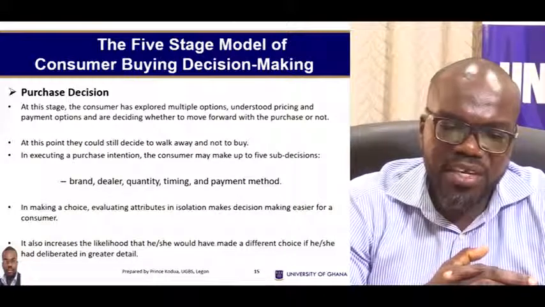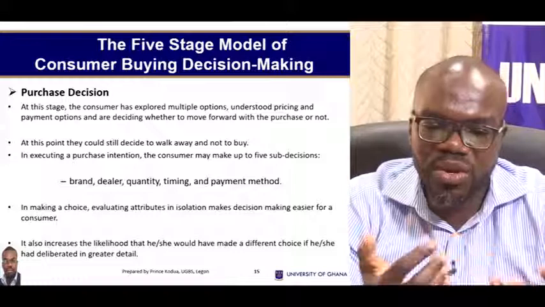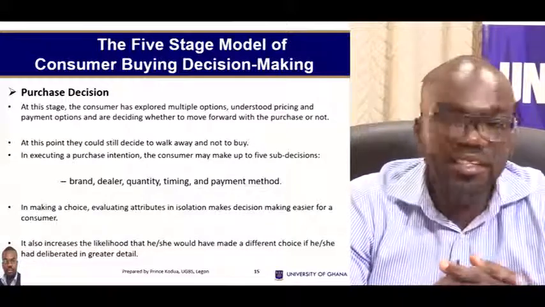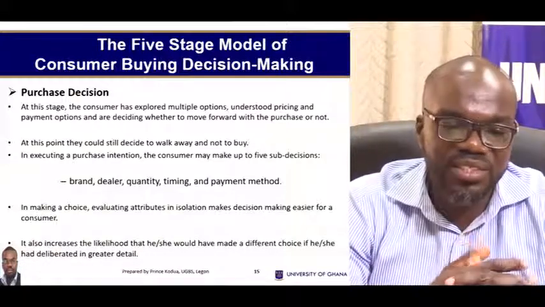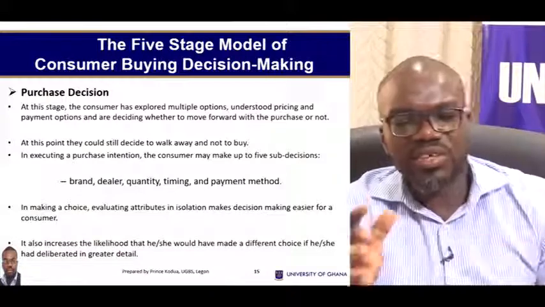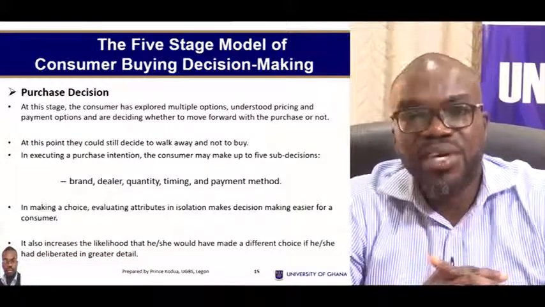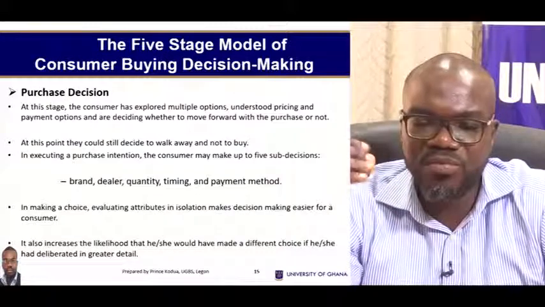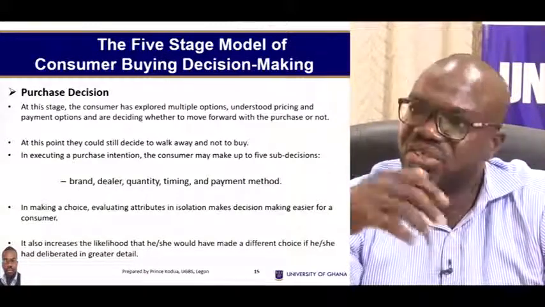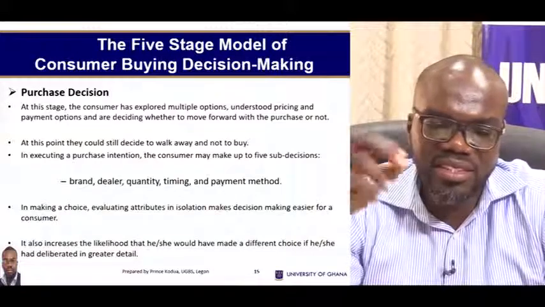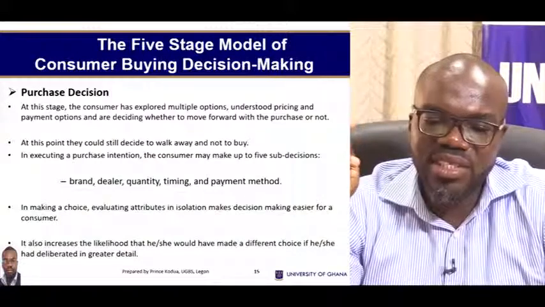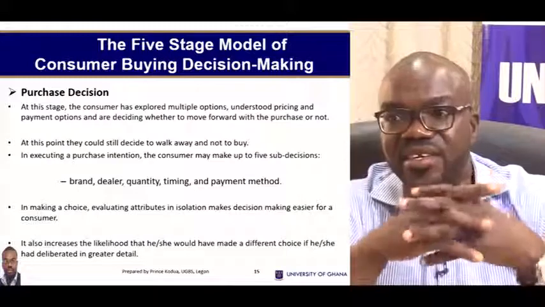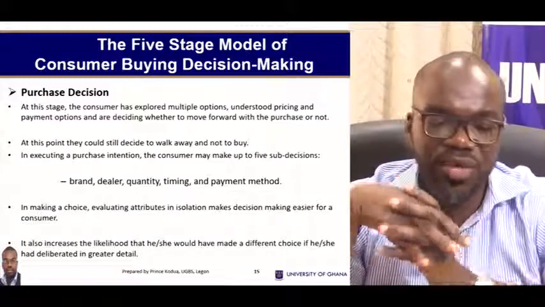At this point, again, they could still decide to walk away and not buy after doing the evaluation. So in executing a purchase intention, the consumer may make up to 5 sub-decisions. The decision may border on brand, dealer, quantity, timing, and of course, the method of payment.